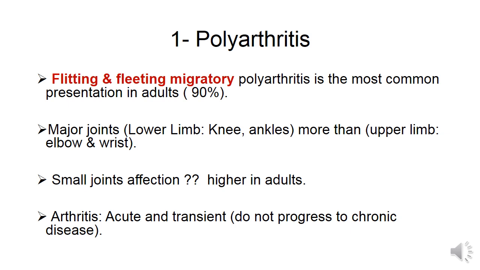The small joints might be affected, yet the most common presentation is that of the major joints. It should be noted that arthritis is acute and transient. That's to say, it does not progress to chronic disease.